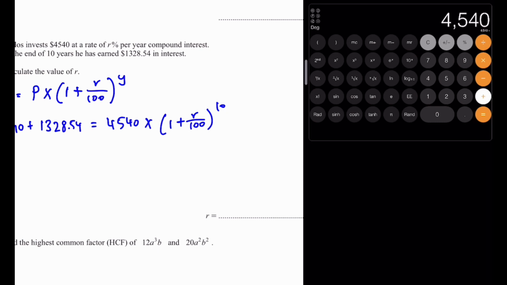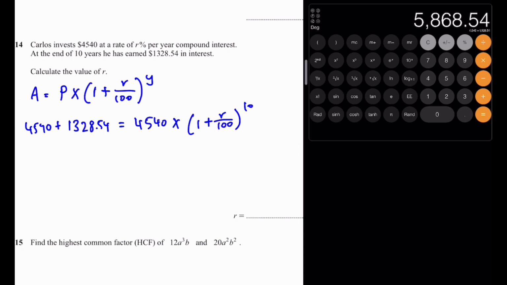Let's get our calculator out. 4540 plus 1328.54 gives 5,868.54. That'll be equal to 4540 into (1 plus R/100) to the power 10.